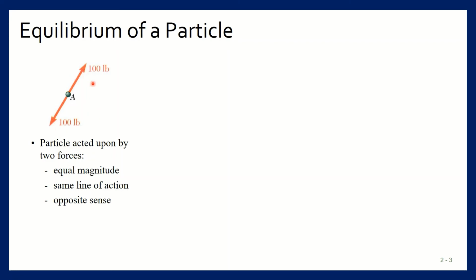So these forces are equal in magnitude and they have the same line of action, but opposite in sense, meaning their direction is opposite. So when you calculate the resultant of this, then obviously it will be zero. So we can say that this particle is in equilibrium because the resultant of the forces acting on this particle is zero.